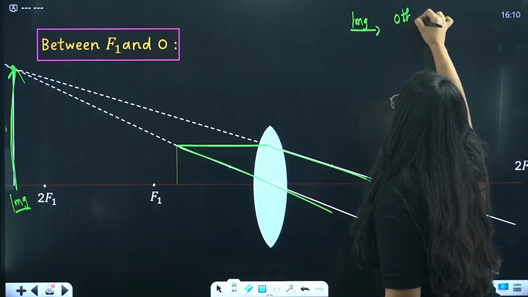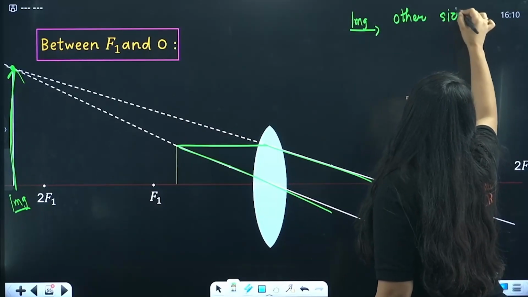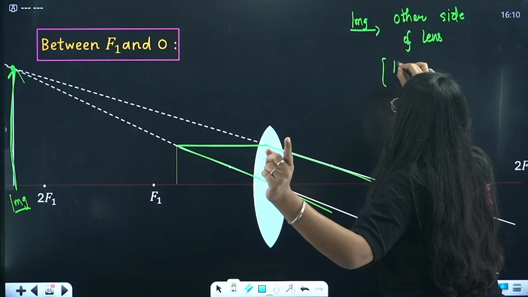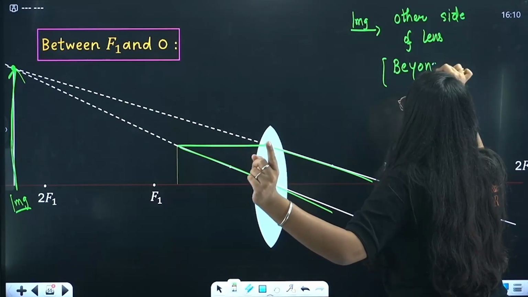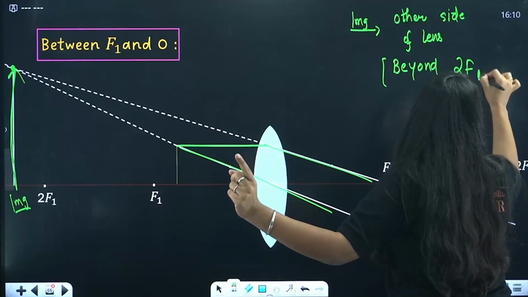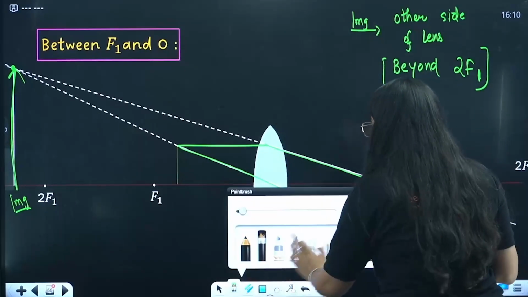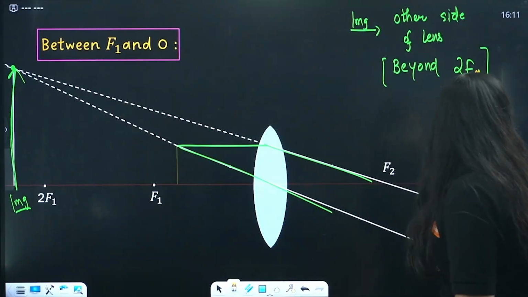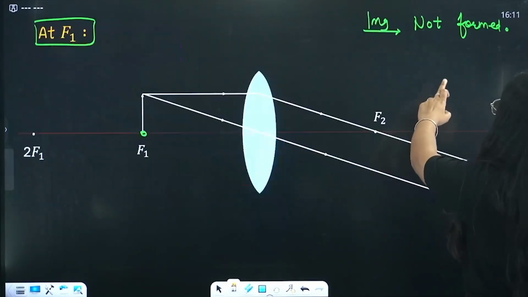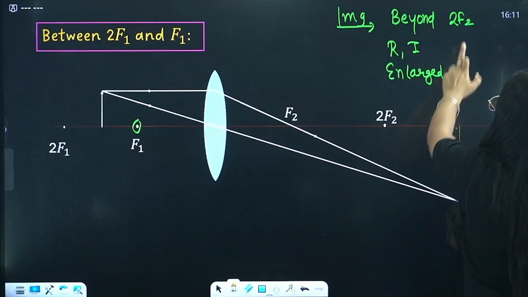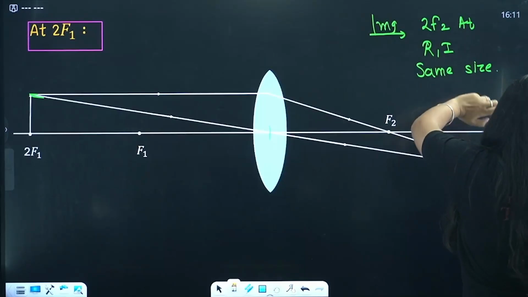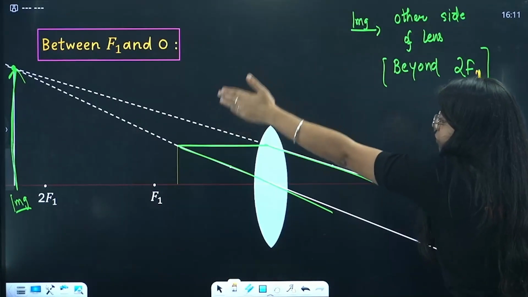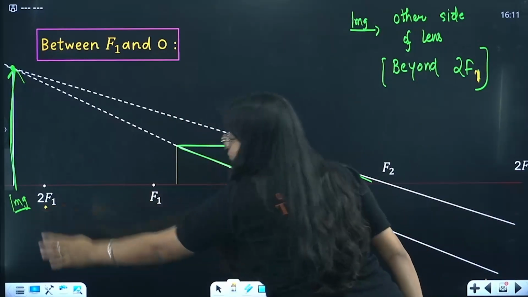That is beyond 2F1. Remember this, 2F1. In all other cases we used 2F2, but here the image is on the other side, so we will use 2F1.